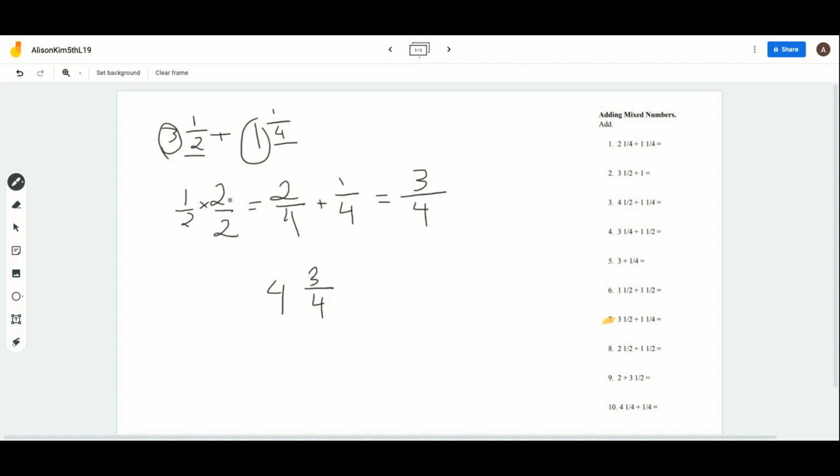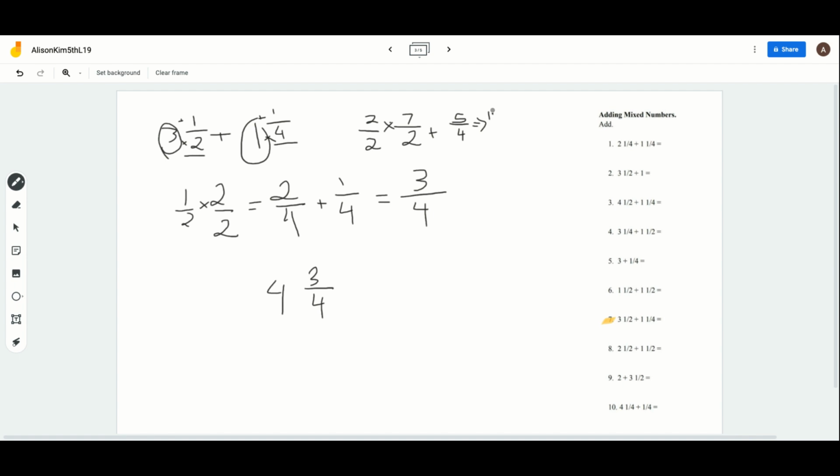However, another way you can do it is by turning these mixed numbers into improper fractions. So you do 3 times 2 plus 1, and you'll get 7 over 2, plus 1 times 4 plus 1, so 5 over 4. But you still need to find the LCM of the denominators, so you have to multiply 7 over 2 by 2, right?